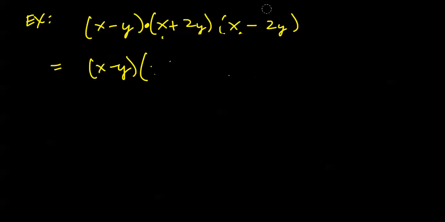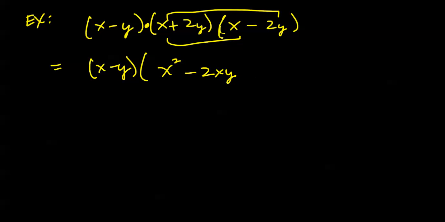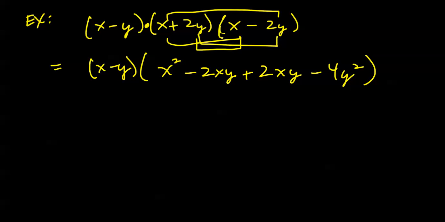I'm looking to multiply those second two binomials first. First product, x squared. Outer product, minus 2xy. Inner product is plus 2yx. Well, that's equivalent to 2xy, is it not? And then the last product, minus 4y squared.